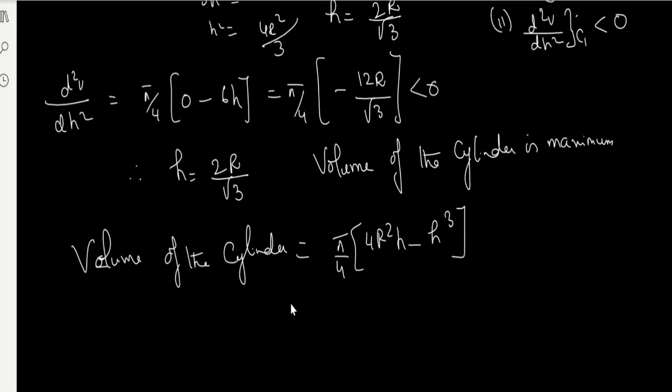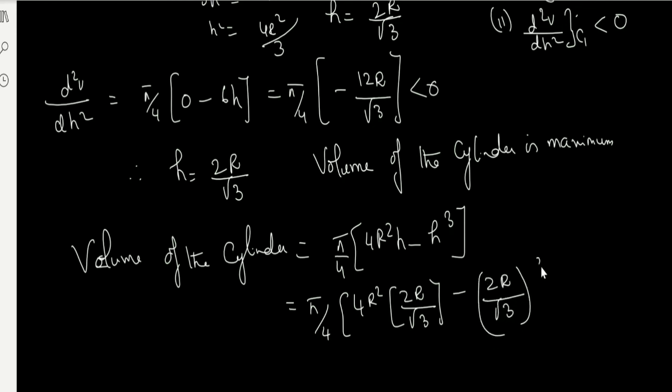Substitute h as, we found h as 2r by root 3. So 4r square, h is 2r by root 3, minus h cube. So 2r by root 3 the whole cube.